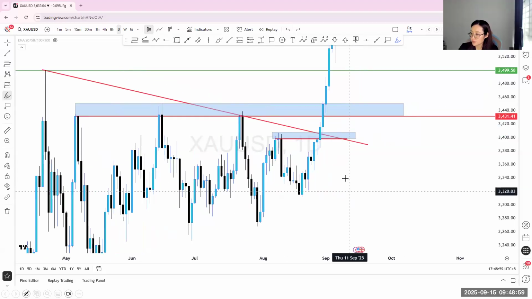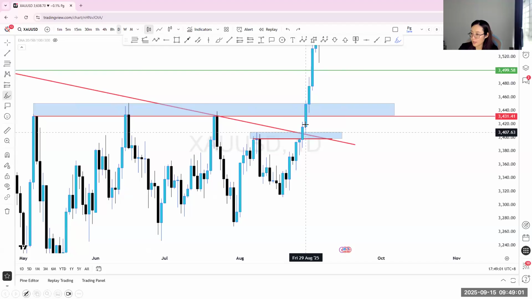So this is the price where people buy the pullback on August 29. Price breaks above here from this resistance, and you can also see that it somehow breaks above. On the lower time frame, you can see people just buy because they say that's going to be a breakout. A lot of traders are going to buy at 3440, not sell. Why do people not sell at 3440?